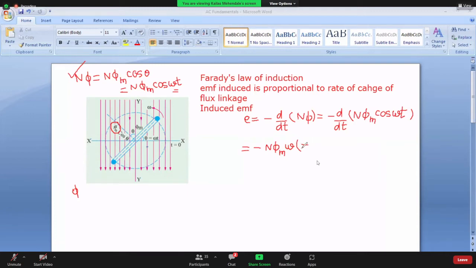The differentiation of cosine becomes minus sine, so the sign becomes plus, and the expression can be written as omega N phi m times sine theta, or sine omega t, one and the same thing.